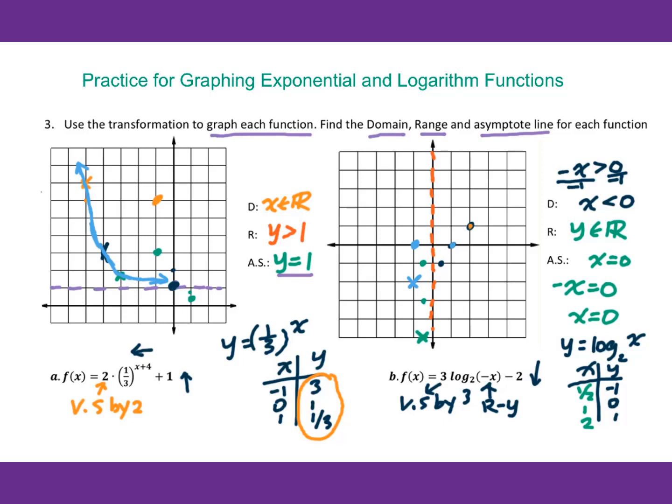For this point, reflect across the y-axis, go here. Vertically stretch by a factor of 3, so multiply by 3, go here. Go down 2, let's go here. Now we connect these 3 points. This will be the graph.